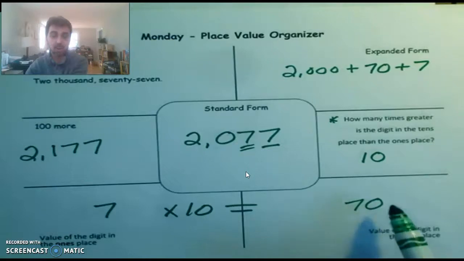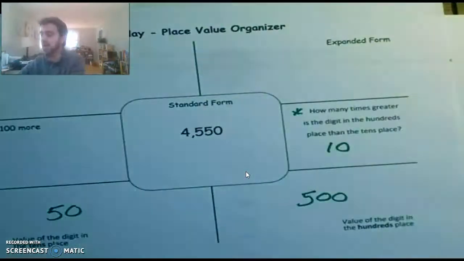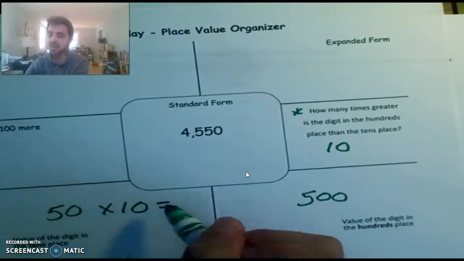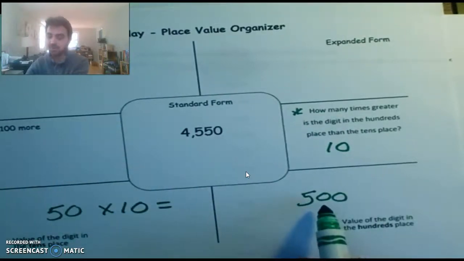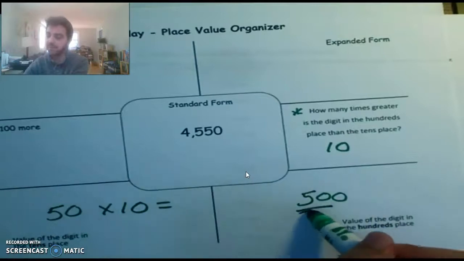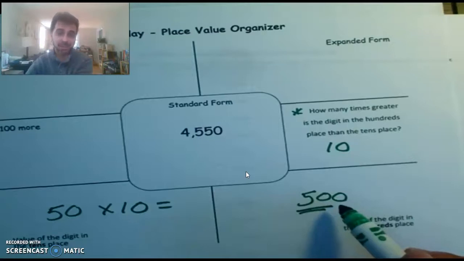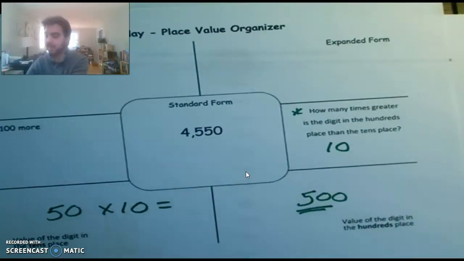And on Tuesday, 50 times 10 equals 500. So it's 50 with another 0. That's a pattern you might notice.